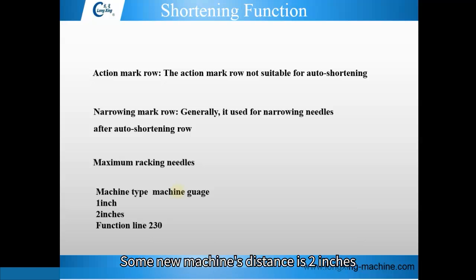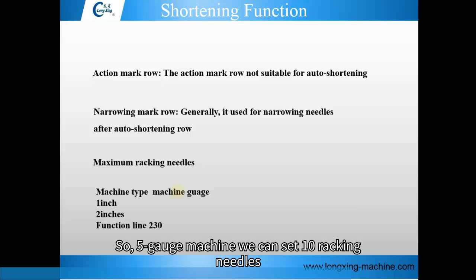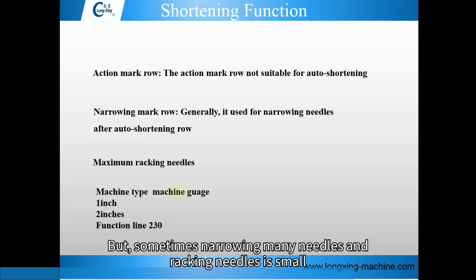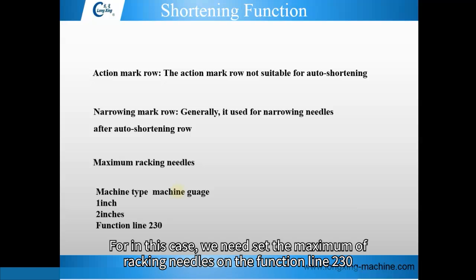Some new machines' distance is 2 inches, so for a 5 gauge machine we can set 10 racking needles. Sometimes when narrowing small needles we don't need to set it, but sometimes when narrowing many needles the racking needles are few. In this case, we need to set the maximum of racking needles on function line 230.